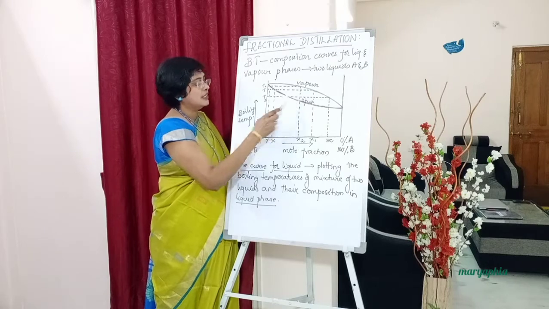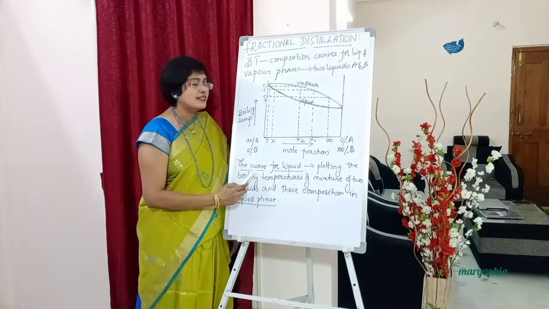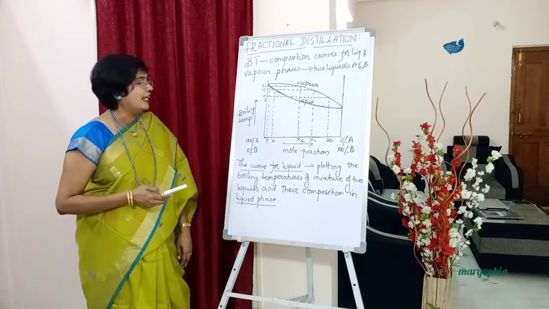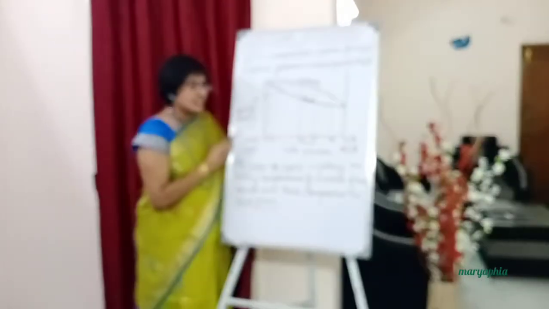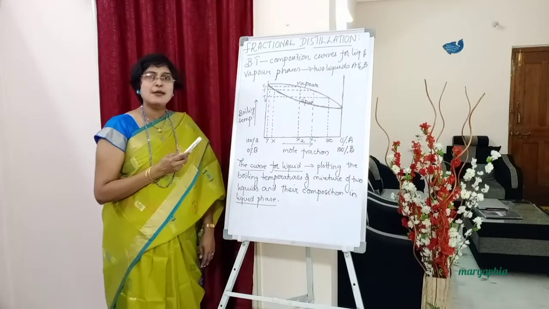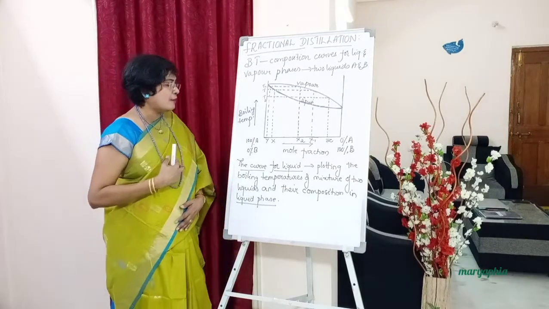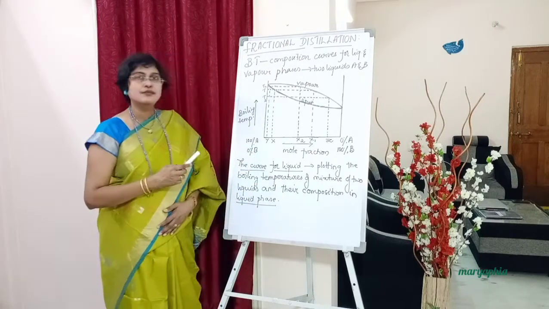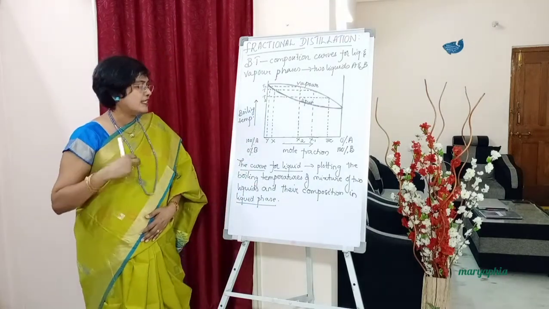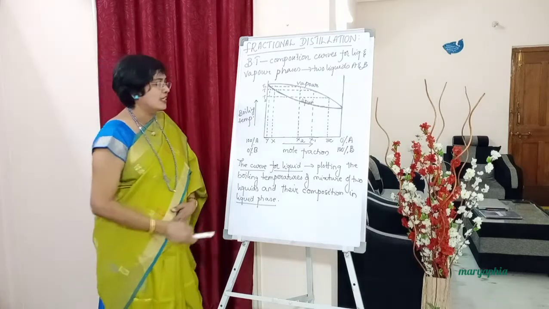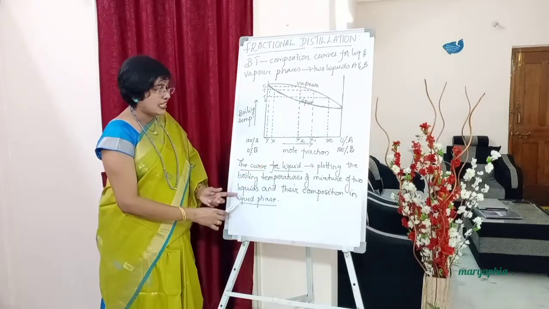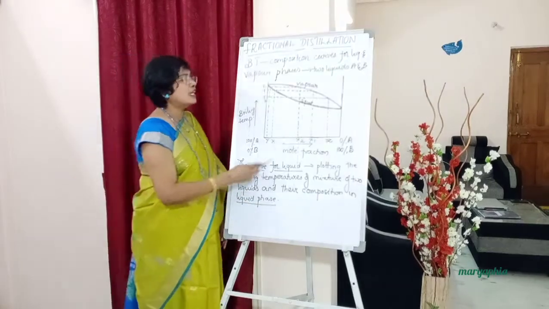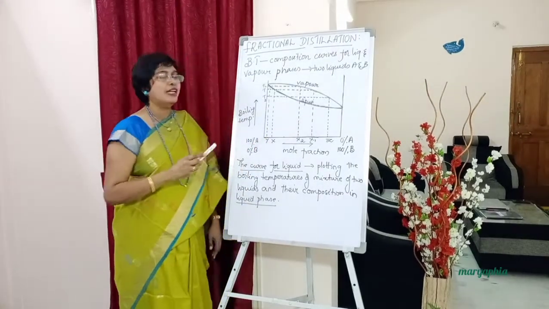The curve for liquid, underline, students, is obtained by plotting the boiling temperatures of mixture of two liquids and their composition in liquid phase. So this is how we get the curve for liquid.